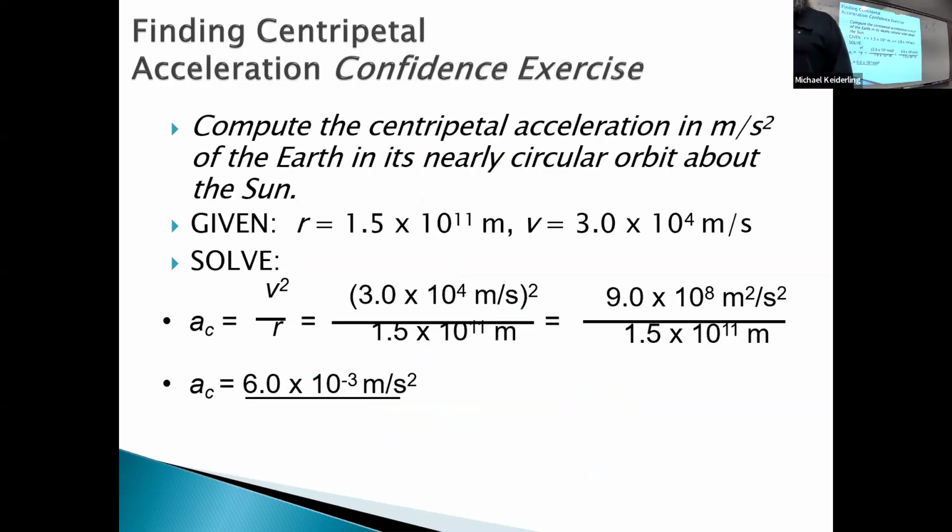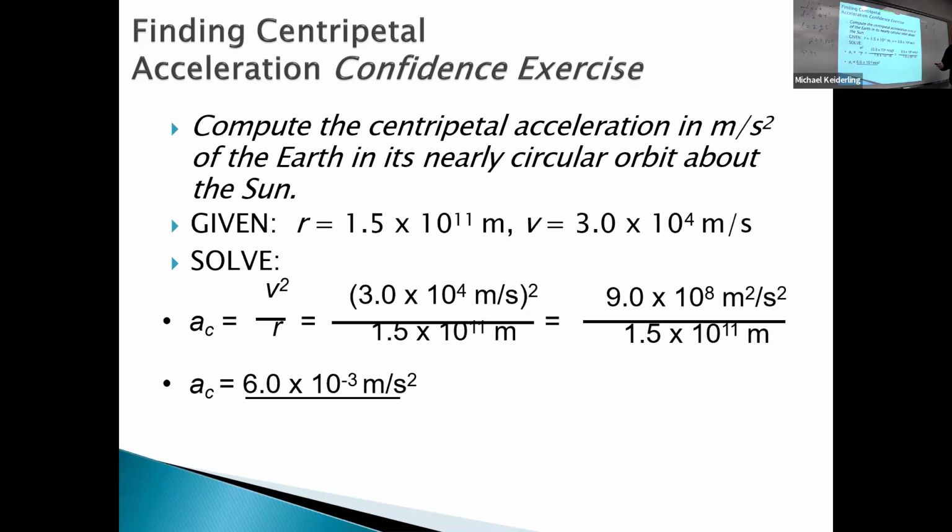We can do a similar calculation to figure out the centripetal acceleration of the Earth as it travels around the sun. So the Earth is traveling at a radius of 1.5 times 10 to the 11 meters with a speed of 3 times 10 to the 4th meters per second.